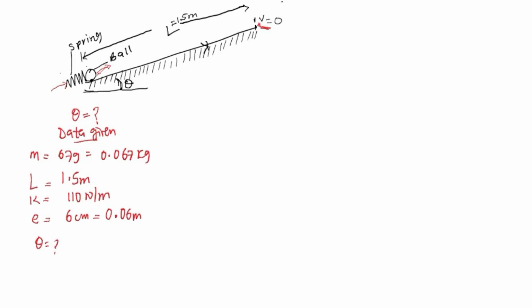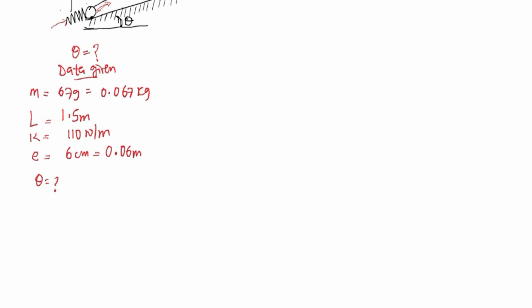So now what is the value of theta? From the law of conservation of energy, the energy stored in the spring will translate to the energy that is moving the ball. The energy stored in a spring is expressed by half ke squared, and this is the energy in the ball.